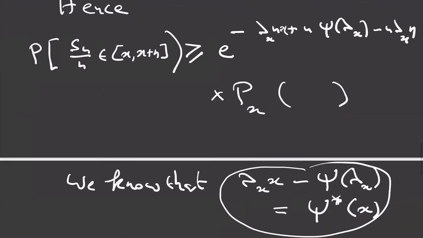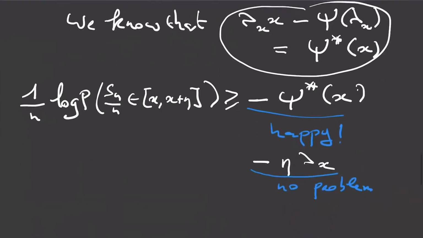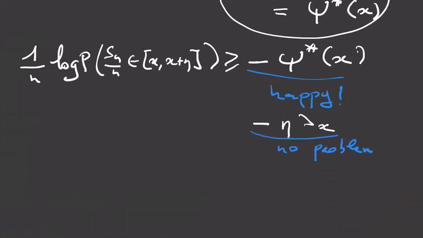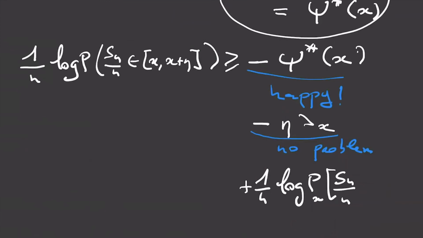And we have a last term, which is plus 1 over n, the log of the px probability that Sn over n belongs to the interval x plus eta.